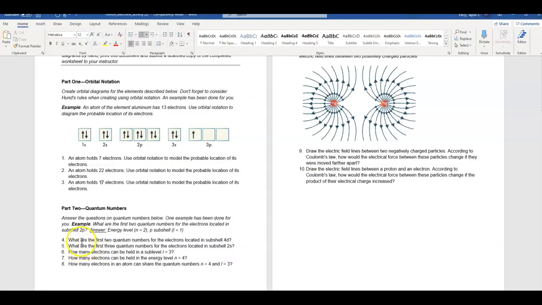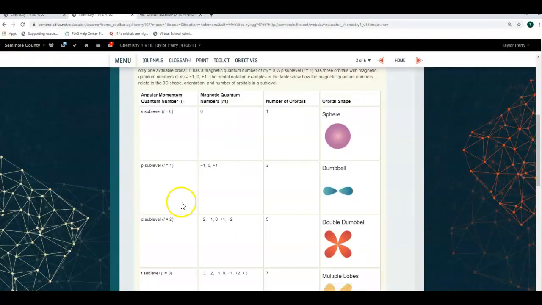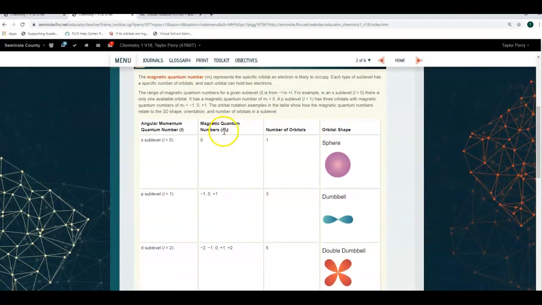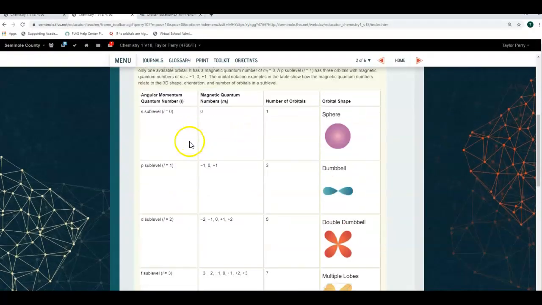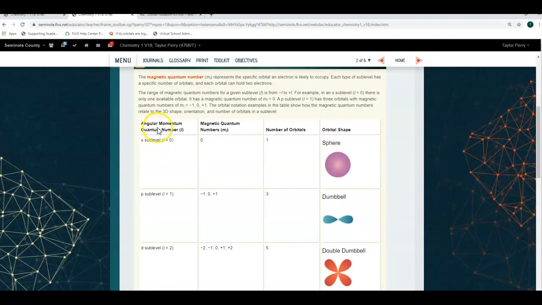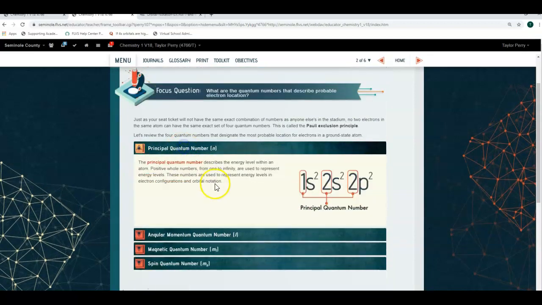Okay, I'll do number 4. It says, what are the first 2 quantum numbers for the electrons located in subshell 4D? All right, well, think about these quantum numbers, right? So remember, the first thing, there it is.